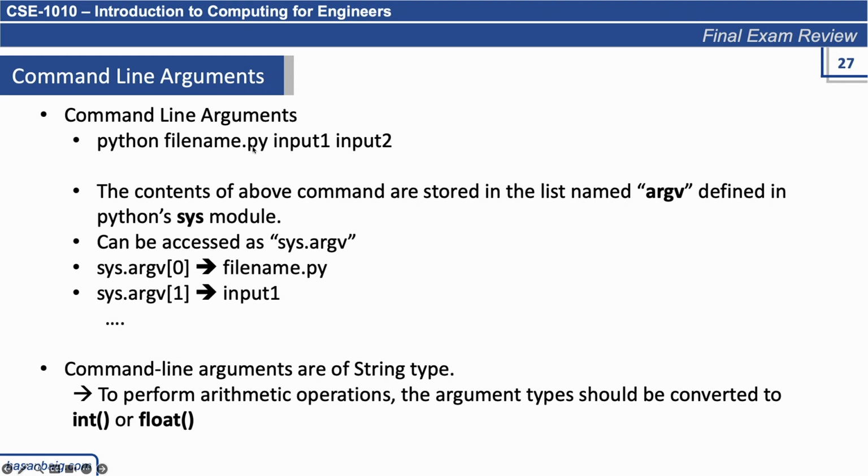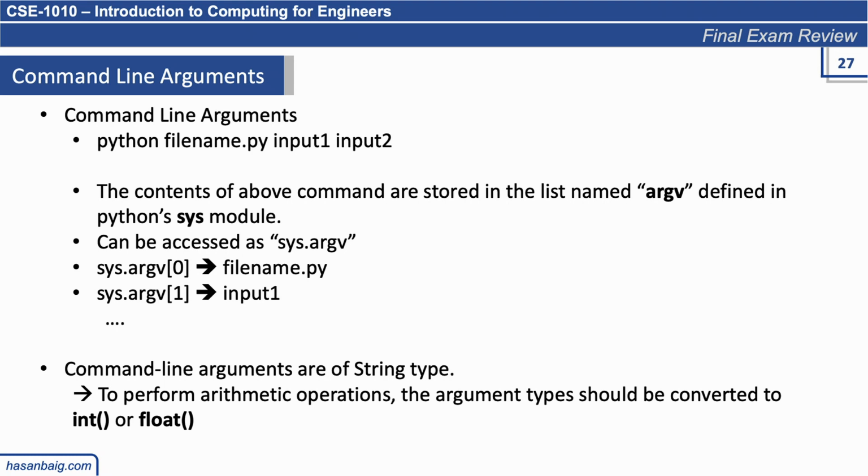File name .py, and then we specify any number of arguments, input 1, input 2, input 3. So where do these arguments go? These arguments are by default stored in the list named argv, or you can call it the argument value list.